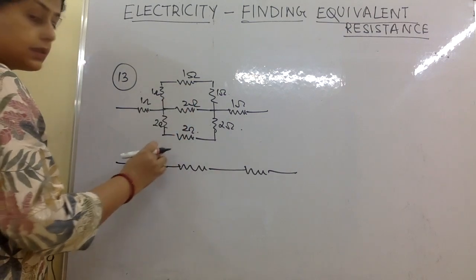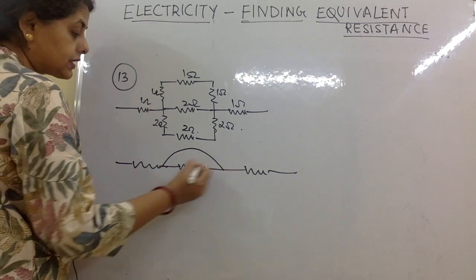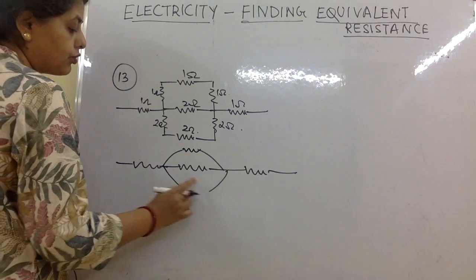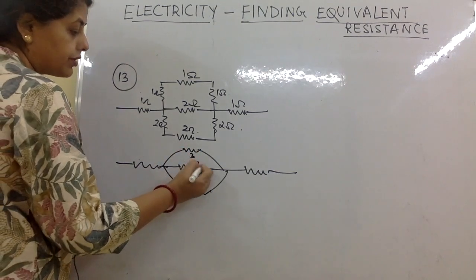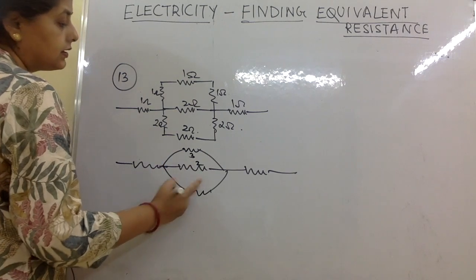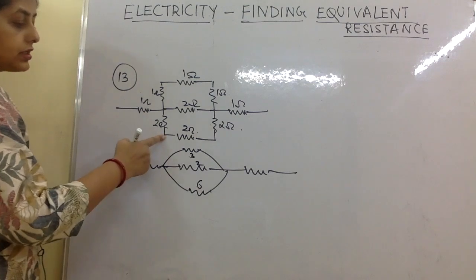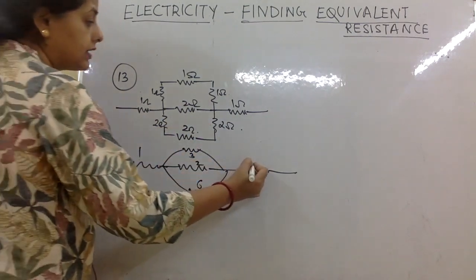So now I can take it something of this kind. Okay, and here, you see, one more parallel connection. So this I can write as a 3, this is already a 2, and this is again 6 because of this series connection. Okay, this also is actually a series. Here is 1 and here is 1.